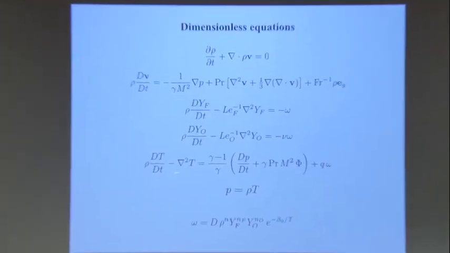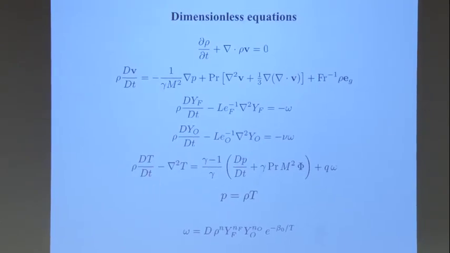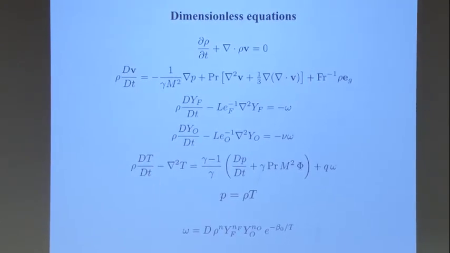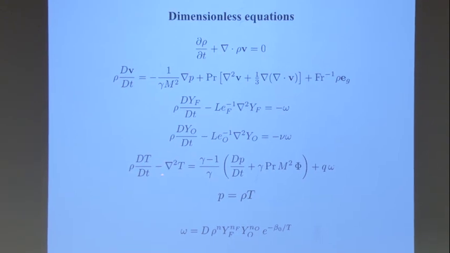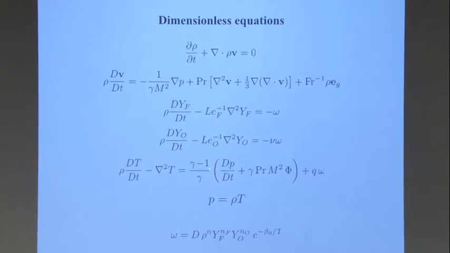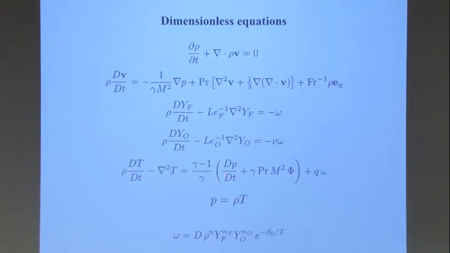Now the energy equation. Since we use thermal diffusion as the length scale, clearly the diffusion term will have a 1, no Lewis number, okay? And then just the Mach number appears here, also multiplied by the Prandtl number. So nothing to say in particular here.